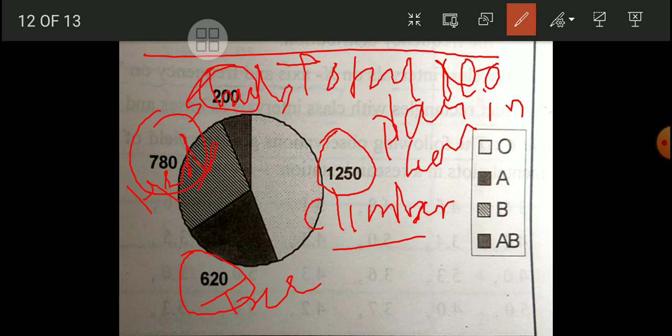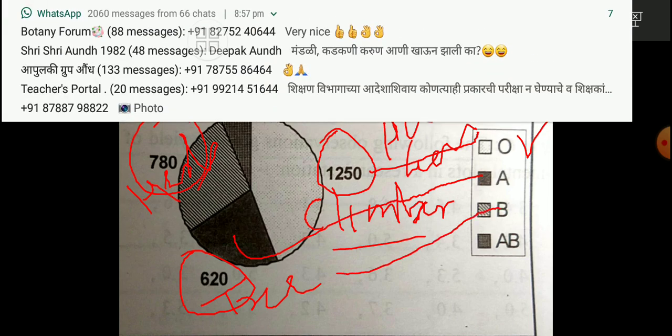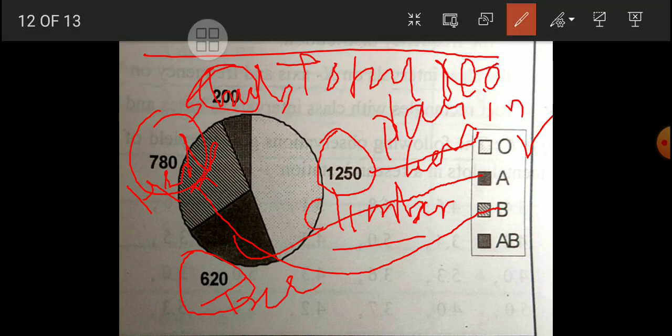For example, suppose the O blood preserving or collecting banks are 1500, isn't it? A, suppose 620, B 780, AB only 200.